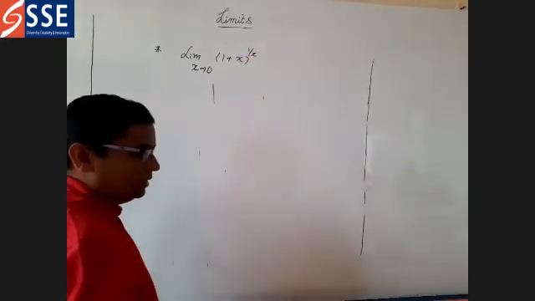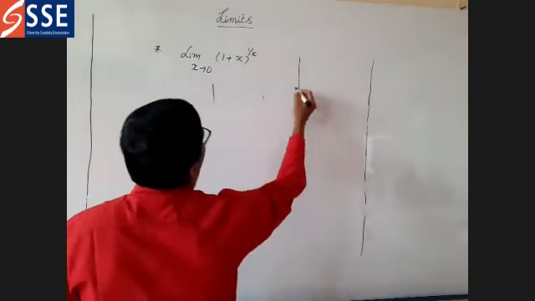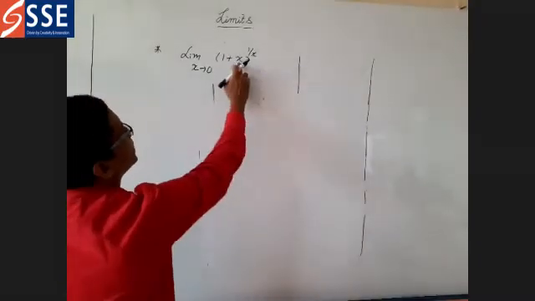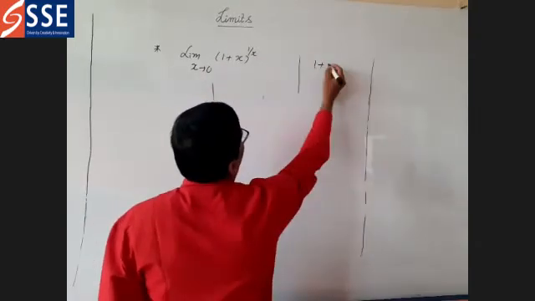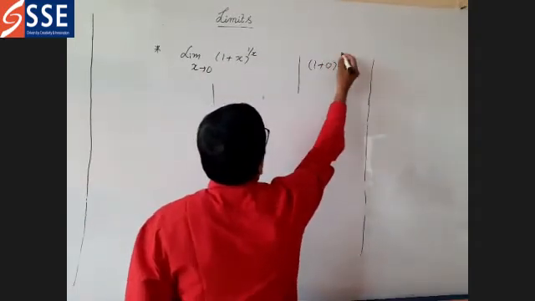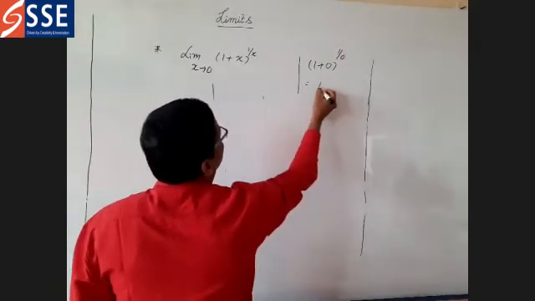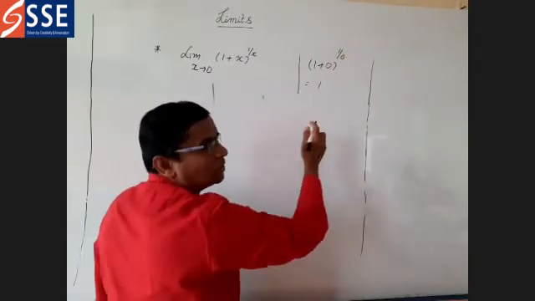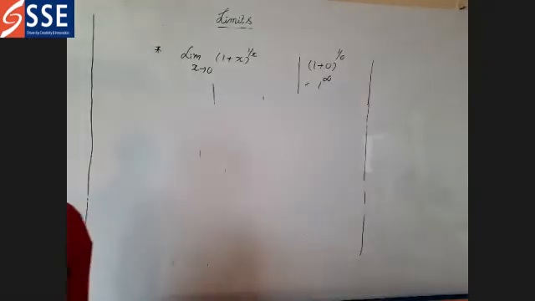After substituting 0 in the place of x, it becomes 1 plus 0, whole power 1 divided by 0. So what is the answer? 1 plus 0 is 1, and the whole power 1 by 0 is infinity. So we can get infinity as the power.